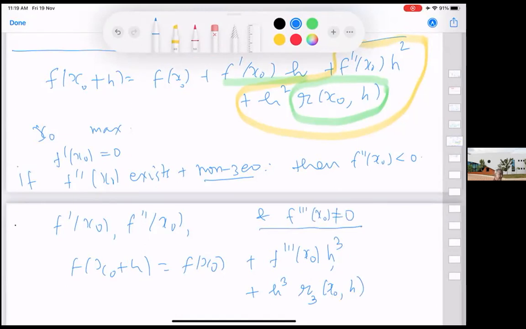Then f x0 plus h is f x0 plus f triple dash x0 h cube plus h cube R3 x0 h. The remainder term is small. So now we can argue that the function does not have either a maximum or a minimum at x0.